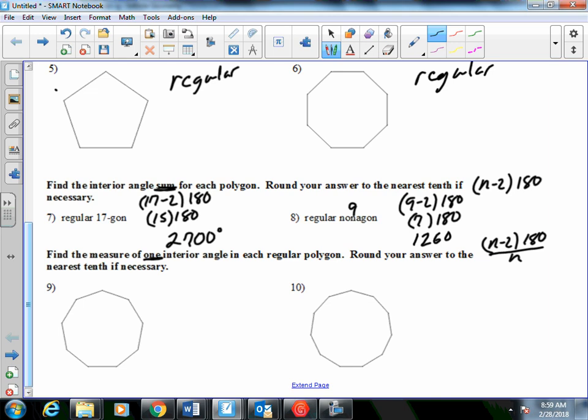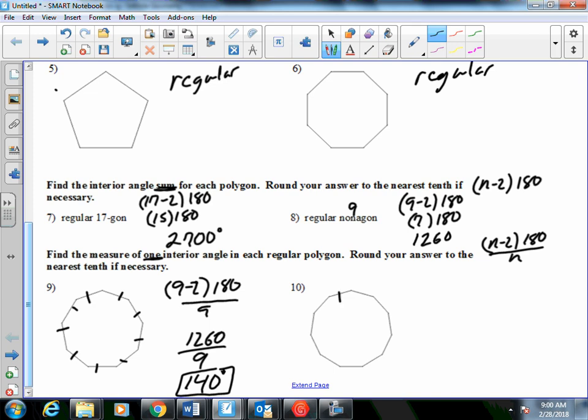So we have 1, 2, 3, 4, 5, 6, 7, 8, 9. All right, 9. So 9 minus 2 times 180 divided by 9, which number 8 was 9 as well. So we already know that the 9 minus 2 times 180 part is 1260 divided by 9. And we're going to get 140 degrees for one angle.